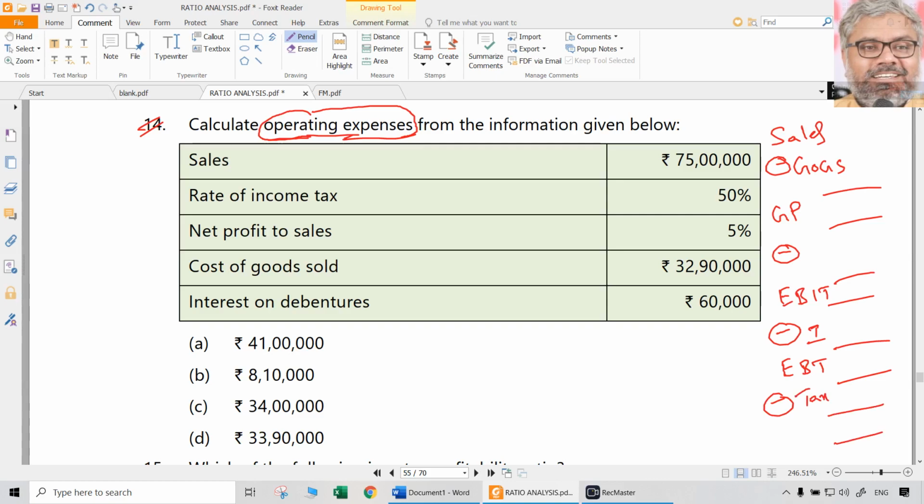Information will not be given straightforward. We should fill in the data where we know it, and obtain the data that we don't know. It is the same common formula or methodology that we use for solving any type of question like this. Sales is given, 75 lakhs, fine.